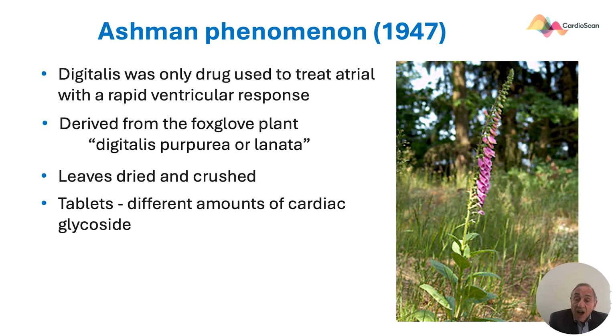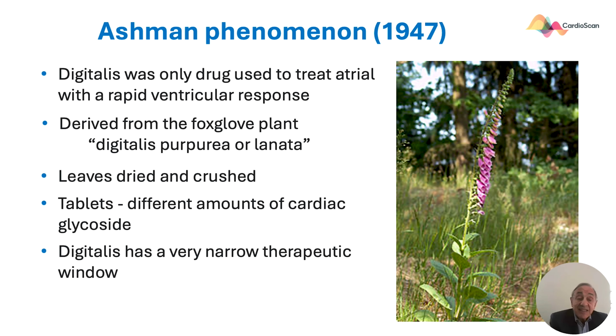And this is what I used to treat such patients. But each tablet had vastly different amounts of cardiac glycoside, maybe 10 times the difference. And what is interesting is digitalis has a very narrow therapeutic window.